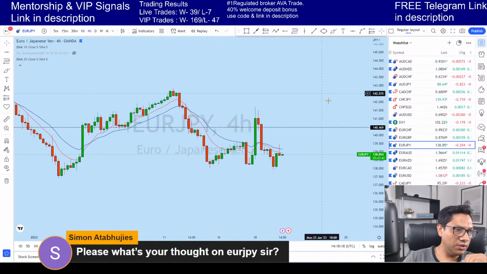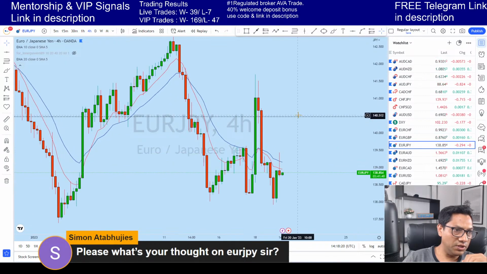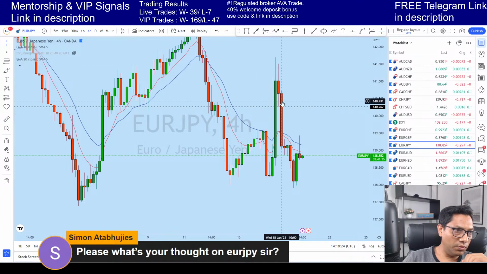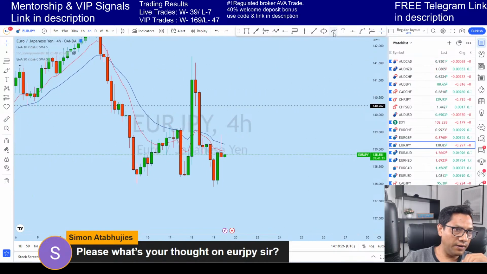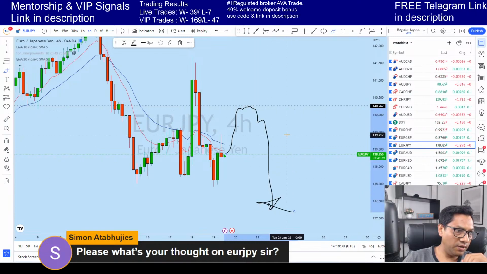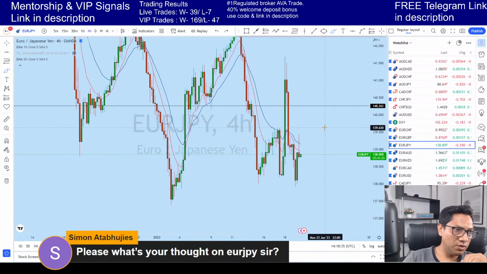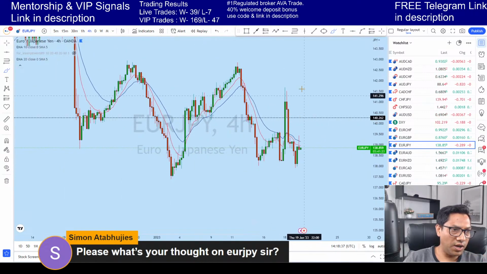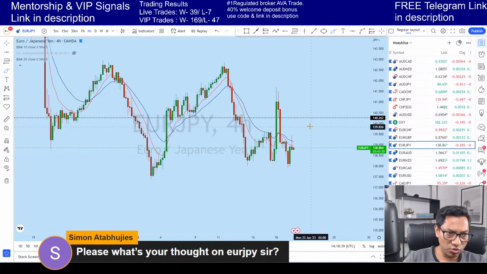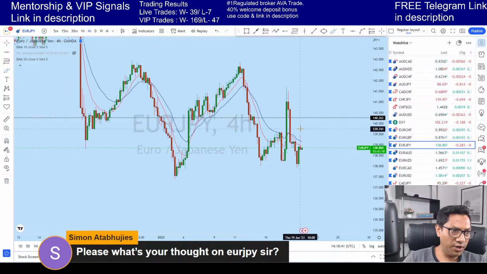This is where we see the neckline, the bottom of this doji, and from that zone we could see EURJPY again creating a very long bearish price action. So this is where I'll find a suitable entry opportunity on EURJPY, and then we'll jump on a trade.